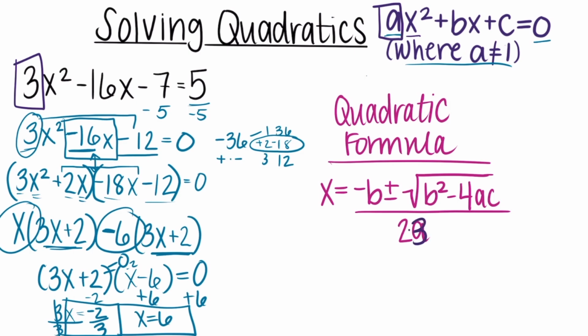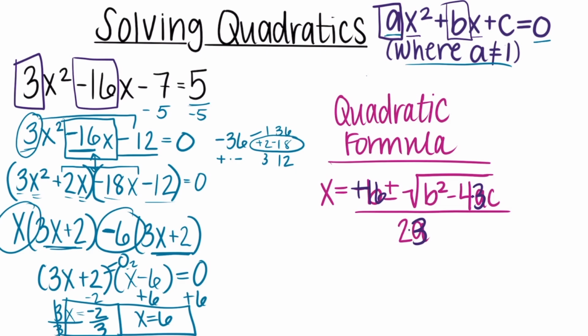Same thing with our b. Your b is the number in front of x, which in this example was a -16. So anywhere there is a b, we would replace that with -16. All right, now since it's a negative b, or the opposite of -16, that would actually become a +16.